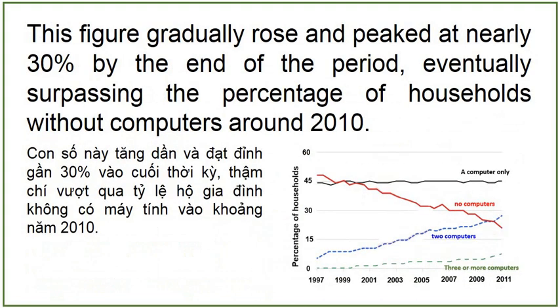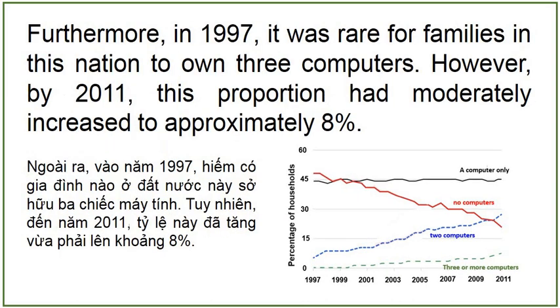This figure gradually rose and peaked at nearly 30% by the end of the period, eventually surpassing the percentage of households without computers around 2010. Furthermore, in 1997, it was rare for families in this nation to own 3 computers. However, by 2011, this proportion had moderately increased to approximately 8%.